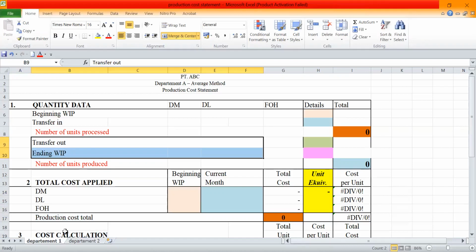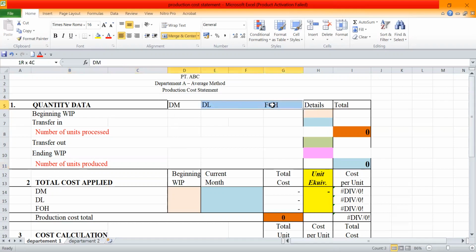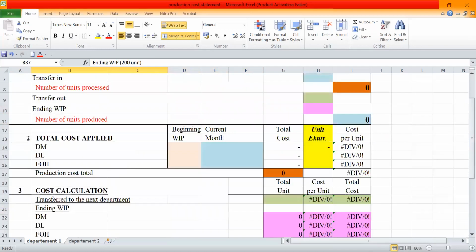Okay. And then for the next information that we need to input here, don't forget about the percentage of completion of each of the three types of production cost. We have the direct material, direct labor, and factory overhead. Because we are using the average method, remember the formula to compute the equivalent unit, we only need the information about the percentage of completion for the ending work in process.